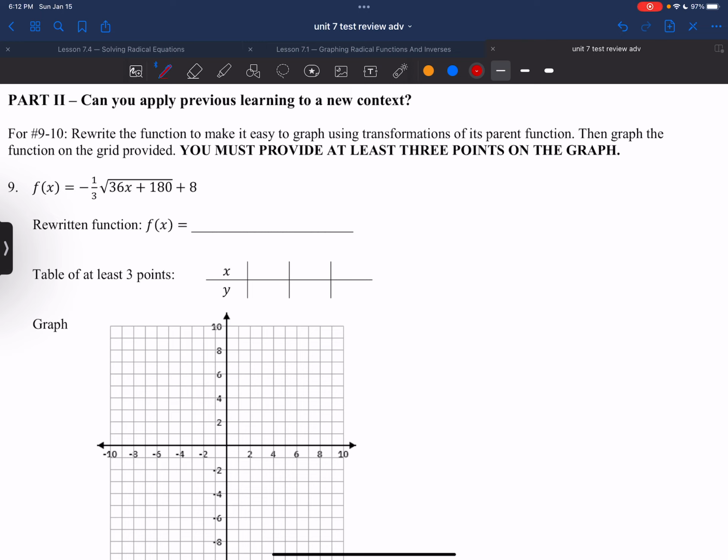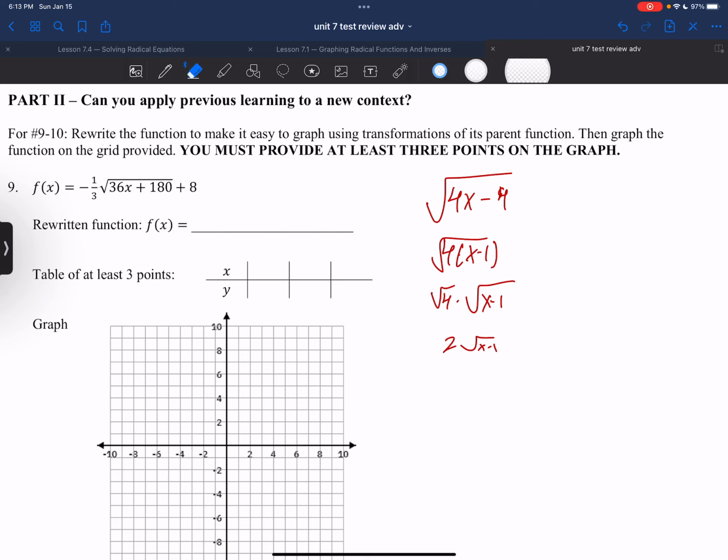The basic example might be 4x minus 4. If you can pull the 4 out, so it's x minus 1, then that's square root of 4 times square root of x minus 1 by the property of multiplying these things. So that's 2 root x minus 1. That's the basic idea.